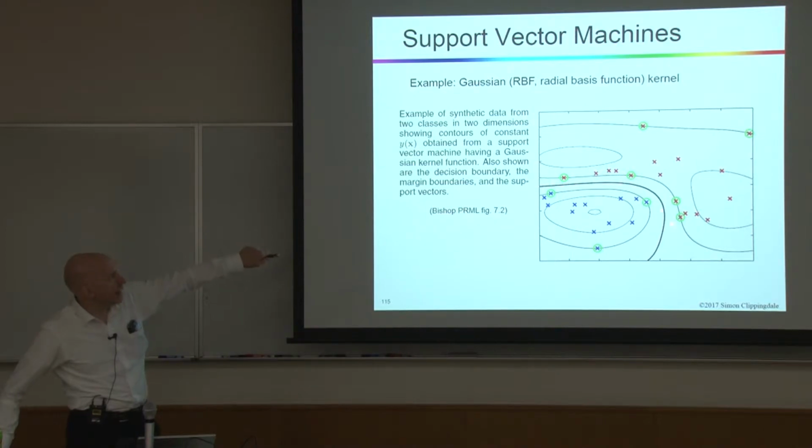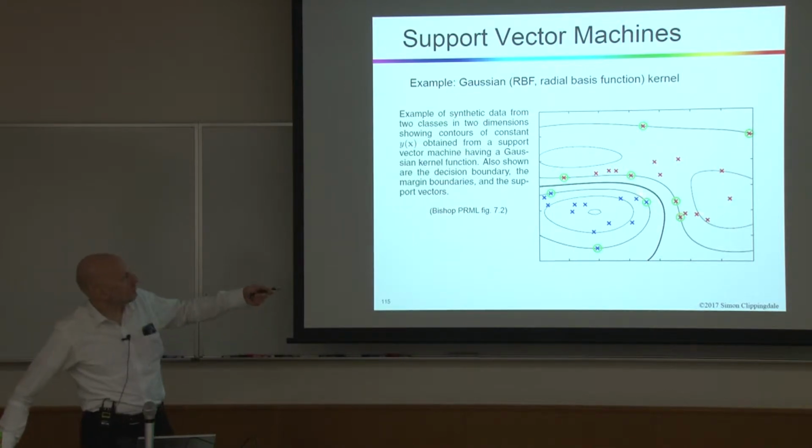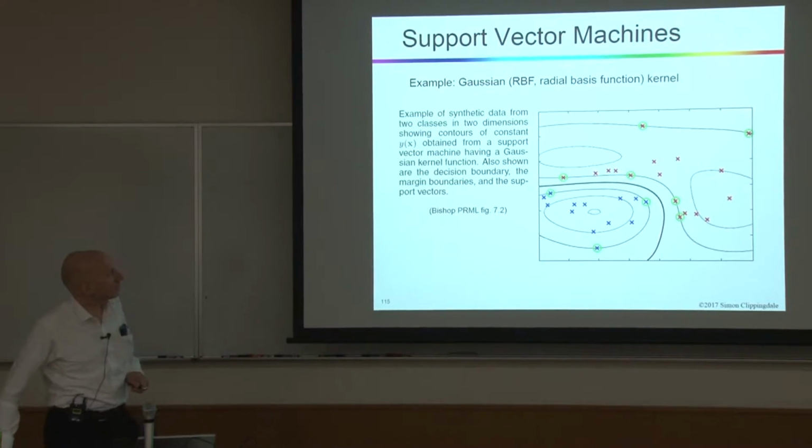This bold black line here is the maximum margin hyperplane in a notional higher dimensional space. We've got some red data points and some blue data points. This is one of the margin hyperplanes with these support vectors with green circles on them. Here's the other margin hyperplane with support vectors here.